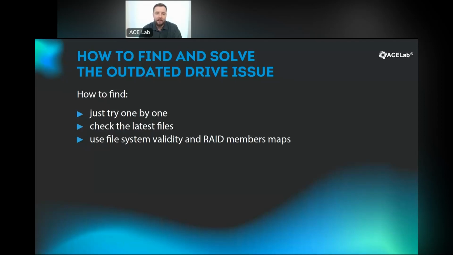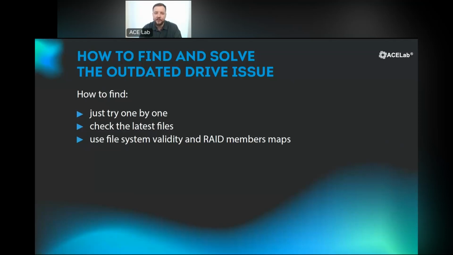And the last approach, in case it's difficult to find a good recently created file, or maybe you are not able to understand whether the result is better or not, because sometimes you exclude one drive, some folders are missing, some folders are new, you exclude another drive, and the result changes again.